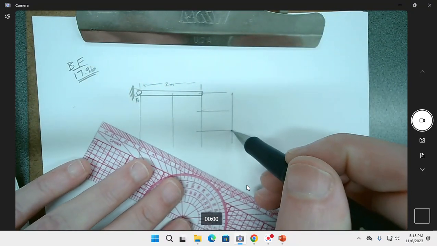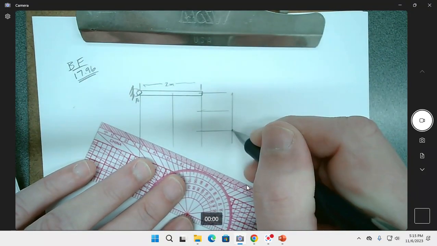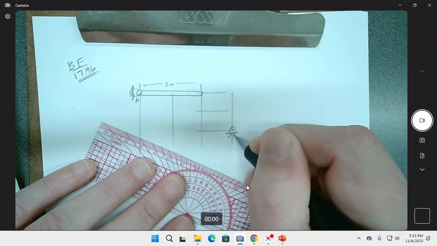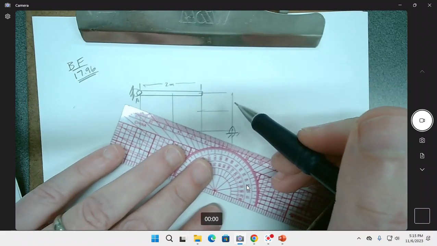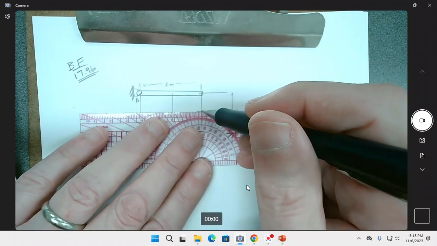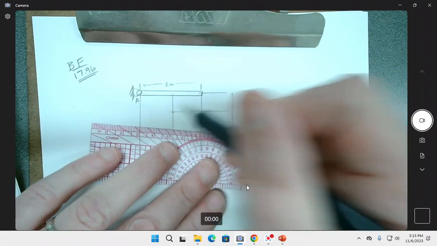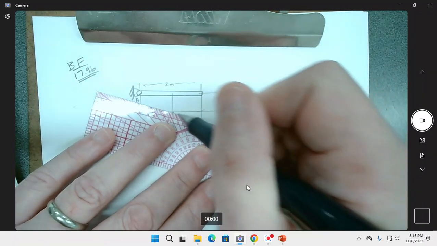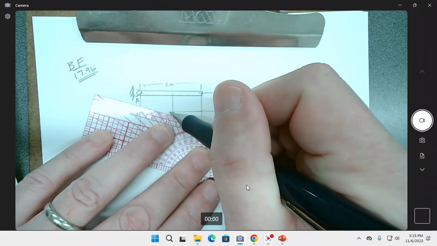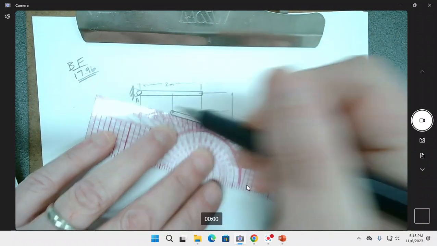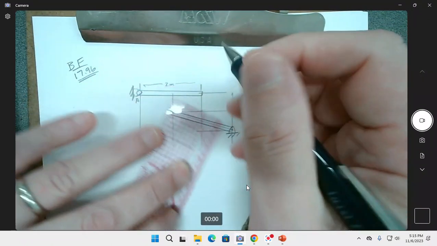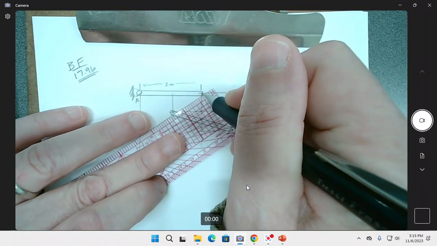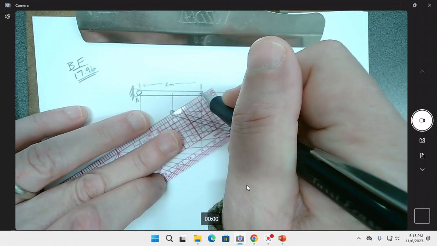So this is one of the base points for this thing, and it goes up and it meets right here, I think. Yeah, it looks right. So here's the center line of it. And then this guy should be at a 45-degree angle, but I didn't draw it the right way.